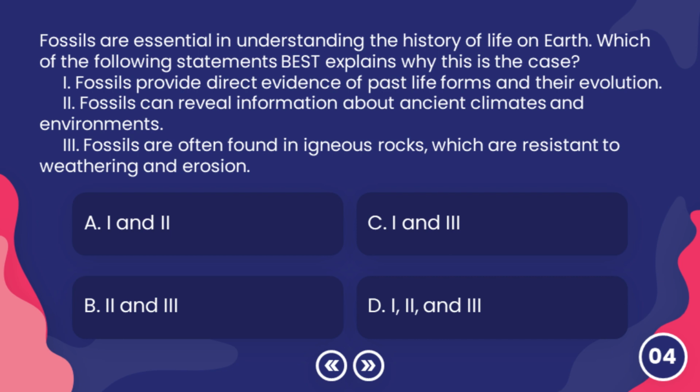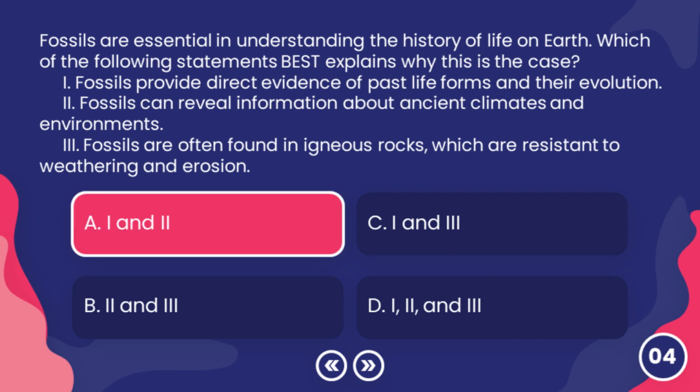A. 1 and 2, B. 2 and 3, C. 1 and 3, or letter D. 1, 2, and 3. What is your answer? Absolutely correct. It's letter A, 1 and 2.